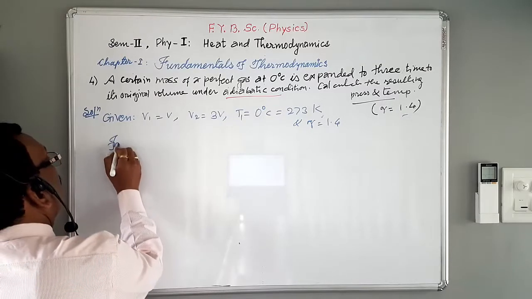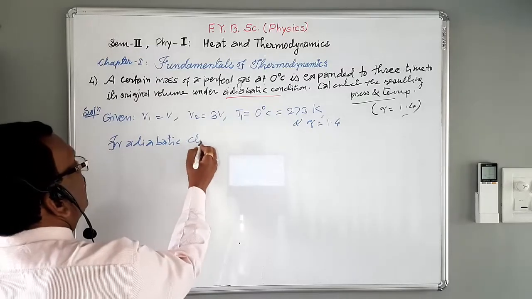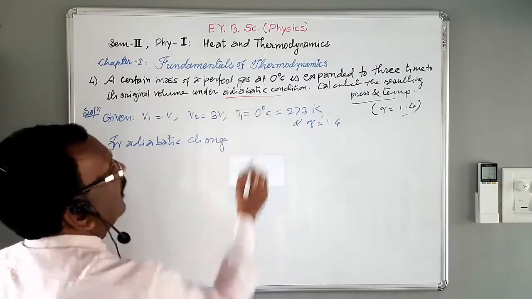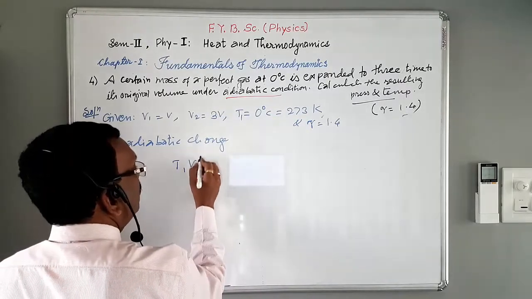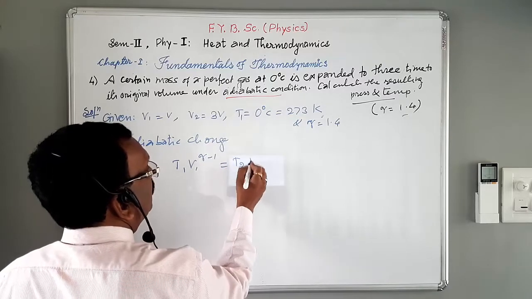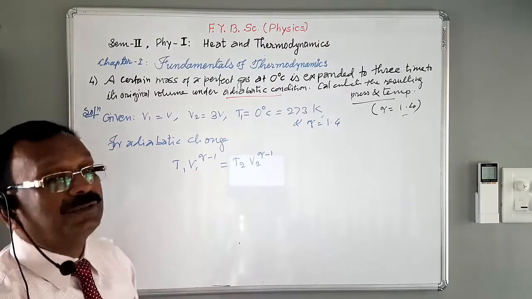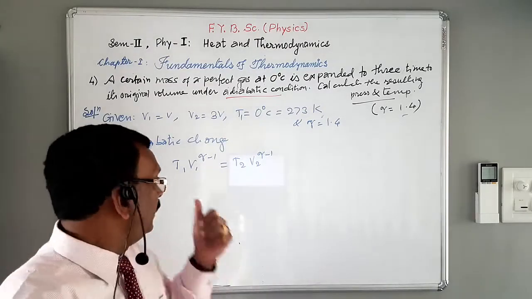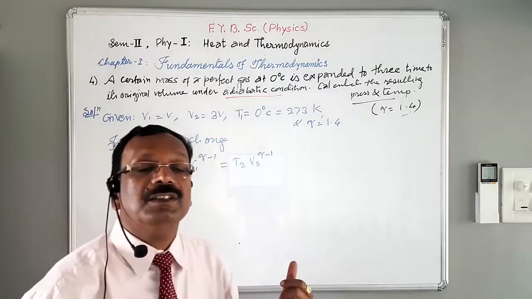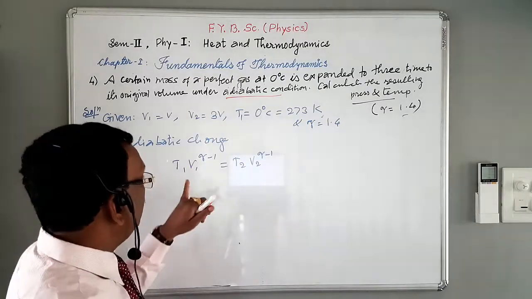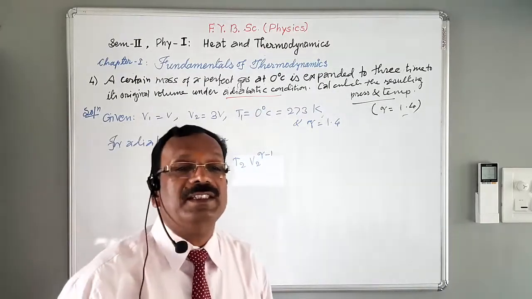Okay, for adiabatic change, because the condition is adiabatic, the relation between temperature and volume is T1 V1 raised to gamma minus 1 is equal to T2 V2 raised to gamma minus 1. T1 V1 raised to gamma minus 1 is the relation between temperature and volume in the initial state, and T2 V2 is the adiabatic relation in the final state.